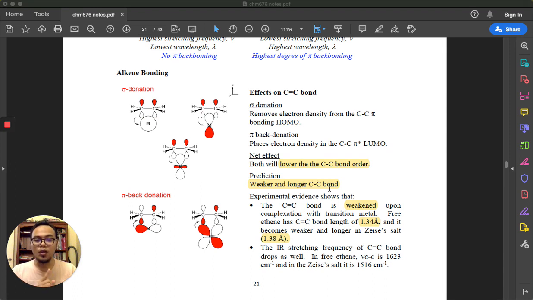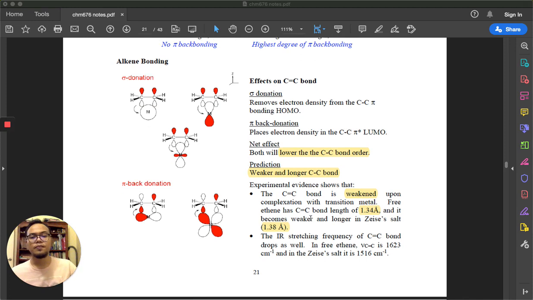So a weaker and longer C–C bond. The experimental evidence shows that the C double bond C is weakened upon complexation. So when we compare the free alkene with the bonded one, we can tell that it is weakened upon complexation.